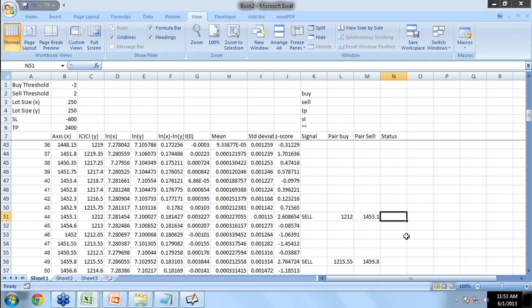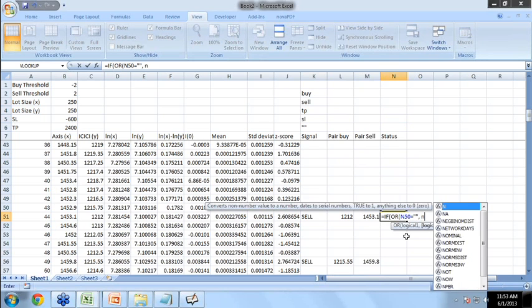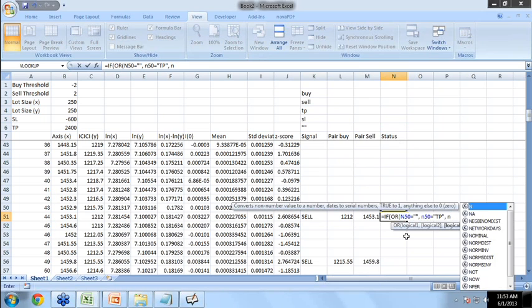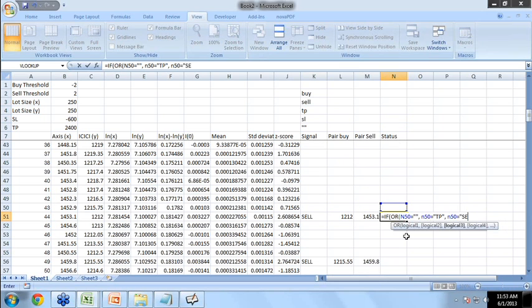So what we'll do is that we'll see for all these 5 cases what was the case in the previous column. So I'm using an OR function to look at the multiple possibilities: if this is blank, or N50 is equal to TP, or N50 is equal to SL. SL is stop loss, TP is take profit.